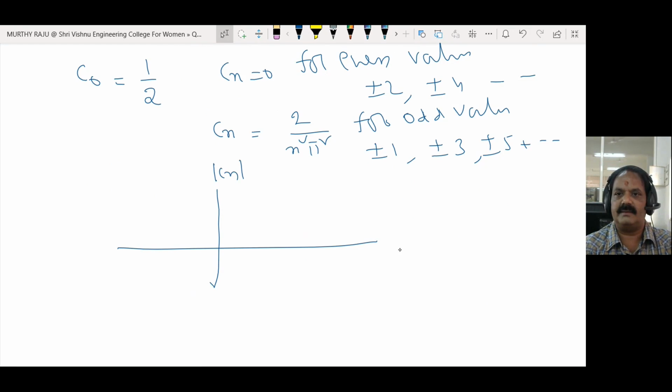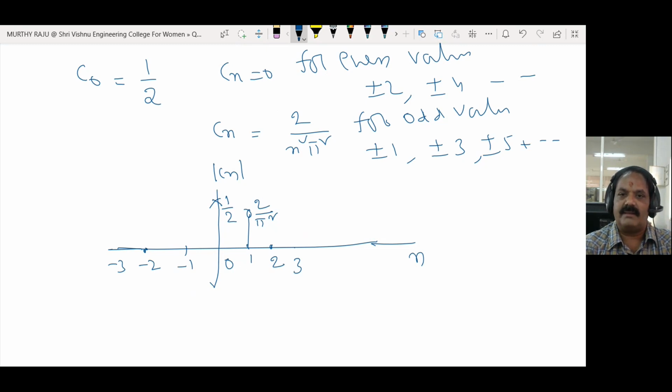Mod Cn: n is equal to 0, C0 value is 1 by 2. For n is equal to 1 and minus 1, the value is 2 by pi square. n is equal to 2, n is equal to minus 2, the value is 0. n is equal to 3 and n is equal to minus 3, the value is 2 by 9 pi square.